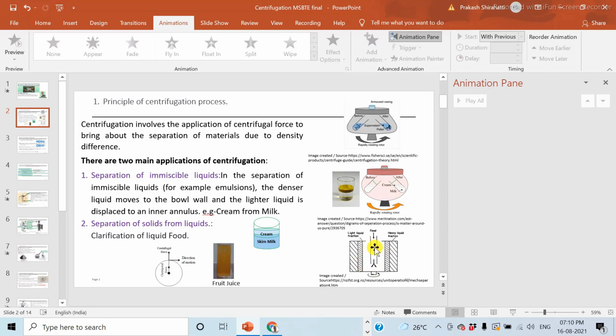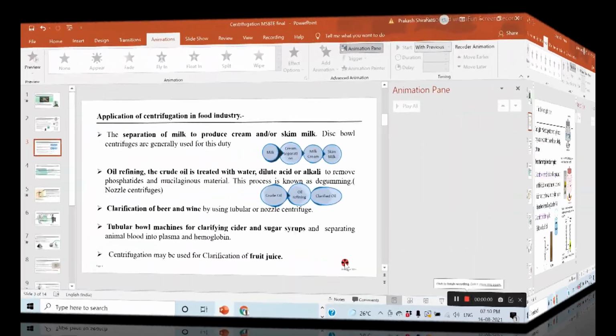The layers are separated on the basis of density, or the solid constituents are deposited on the bowl wall, forming a thick cake, separating the suspended solid particles from the liquid.